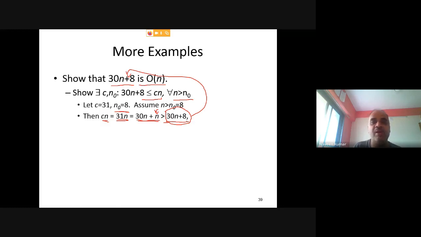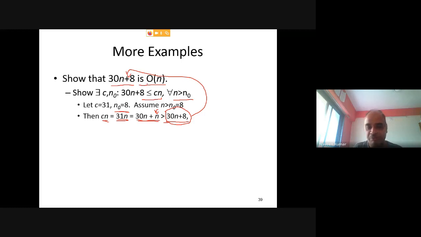That is what we have finally concluded. If it is greater than, it is also greater than or equal to; it is slightly looser. If you put 7 here, it becomes greater than or equal to. So it depends.